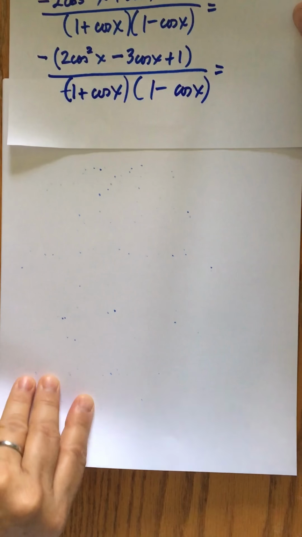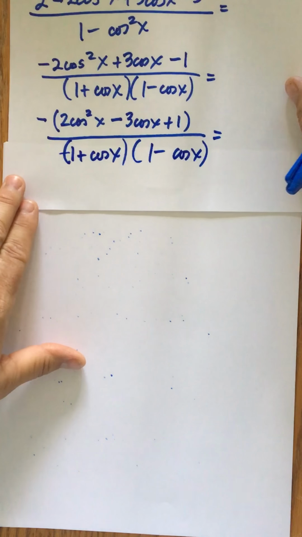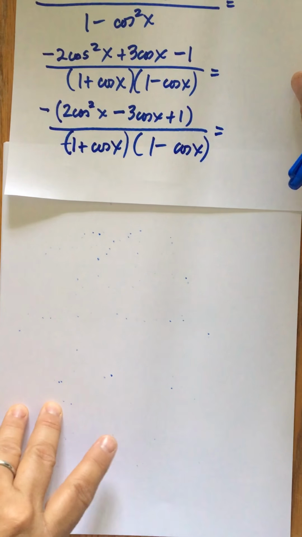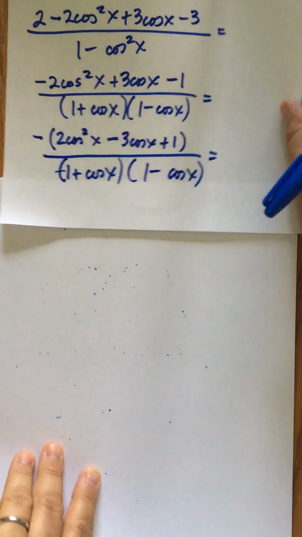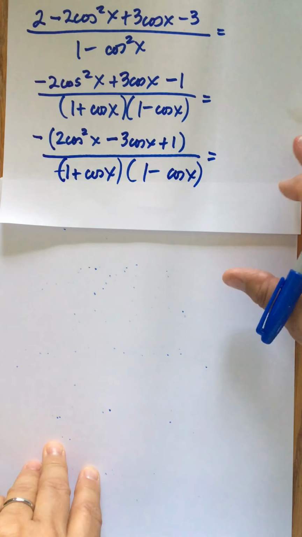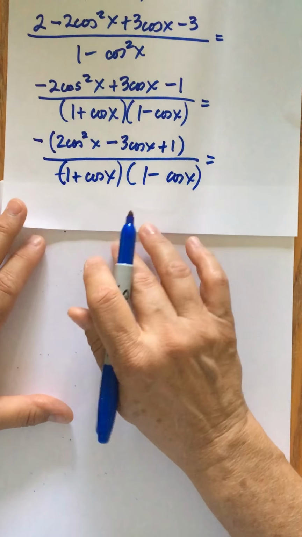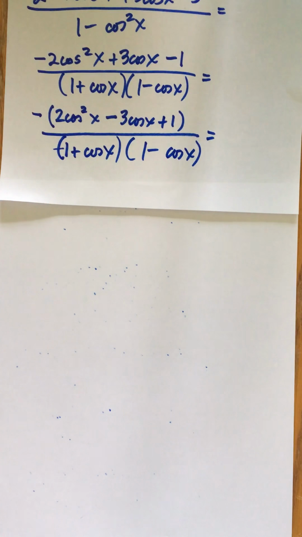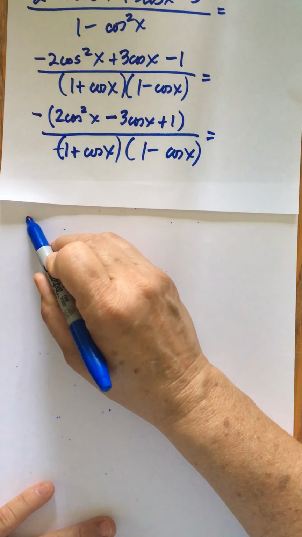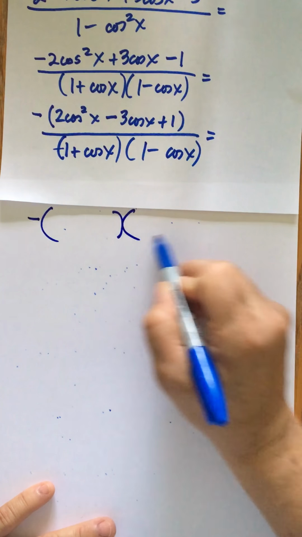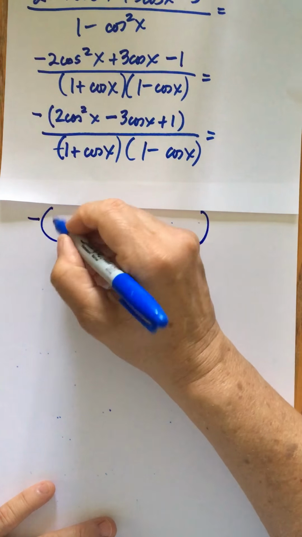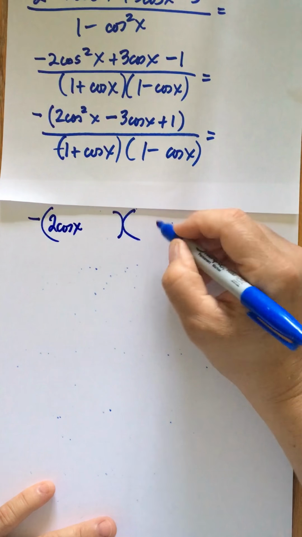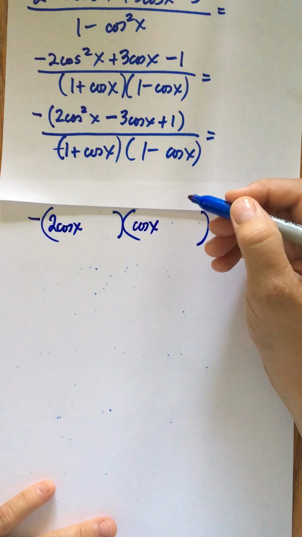So now let me bring this down a little and see if we can follow this. This is going to be, let me check here. Yeah, okay, you can see it. All right, so now I carry this to, oops, sorry about the whole phone thing. All right, so negative, and here I'm going to factor this trinomial. So we're going to have 2 cosine x times cosine x, right?